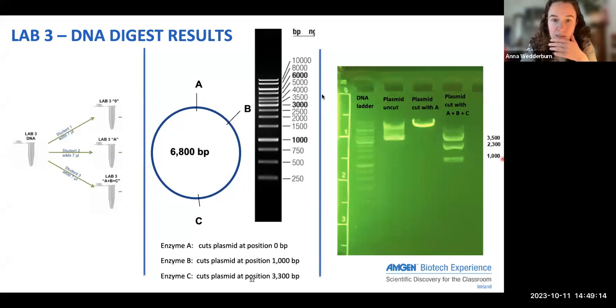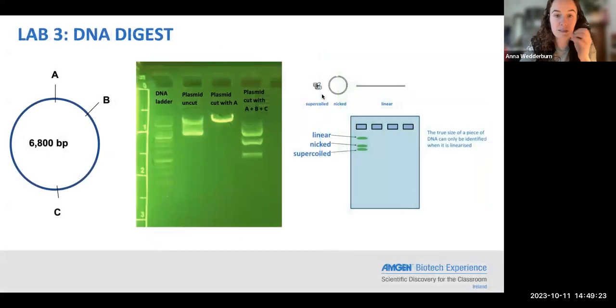One thing you will notice is that the plasmid uncut is kind of a bit of a blur. So that's the stuff that would be in the tube 3-0. And the reason for this is that plasmids come in lots of different forms. So you get a supercoiled plasmid, which is really folded up in itself, and that travels really far. So you see that part down here.